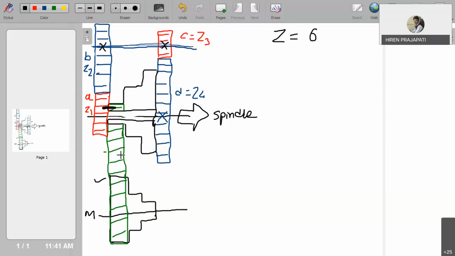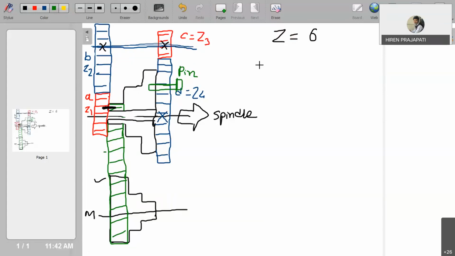First of all, suppose this M is rotating, then this input pulley is rotating. From input pulley to this output pulley which is on spindle, that will rotate, and I use one pin to engage and disengage this pulley with gear D. So if pin is engaged, at that time you have to take care that this back gears should be disengaged from A and D gears which are on spindle, right?